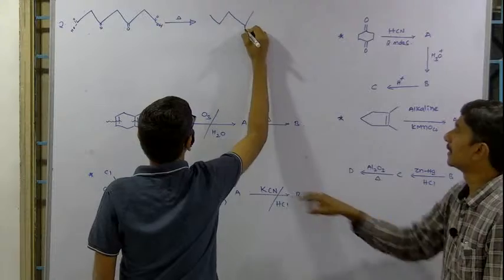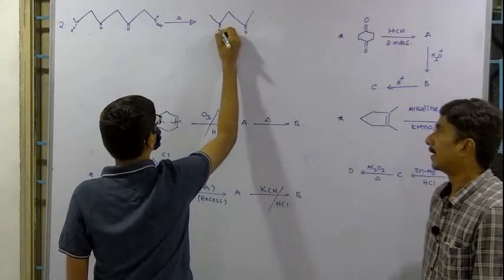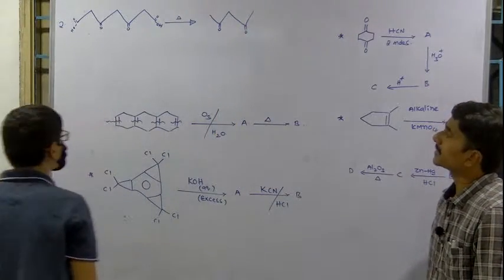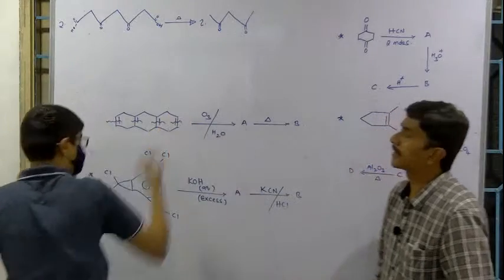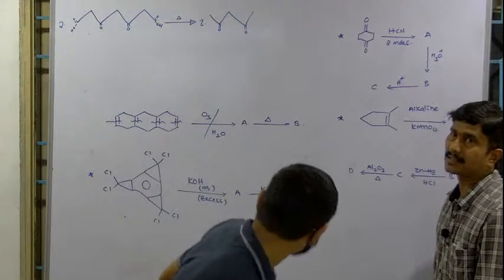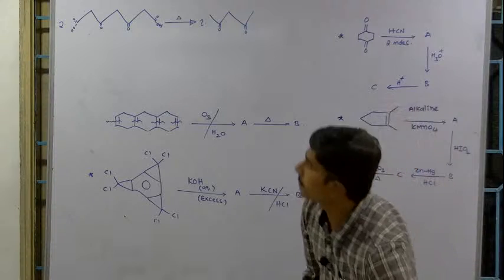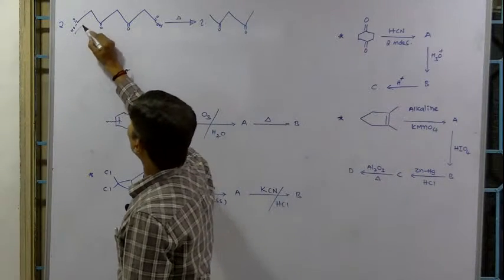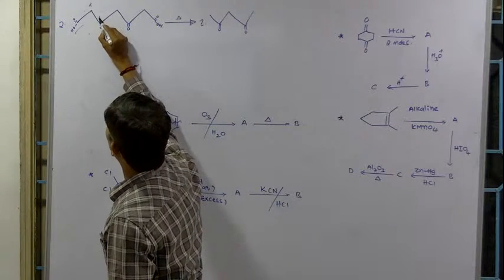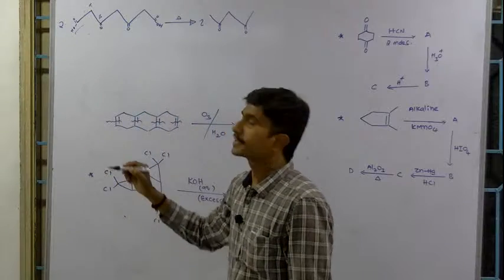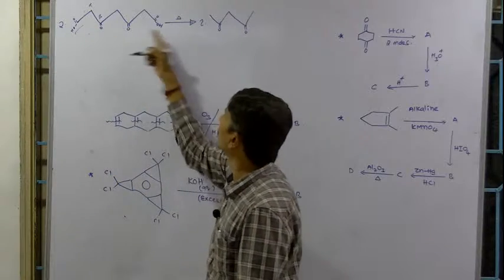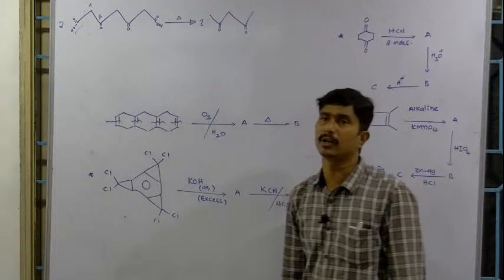So in oxidative ozonolysis, the last carbon is converted into carboxylic acid and the center carbons are converted into ketones. So with respect to this, it is an acid group, it is an alpha carbon, now it is a beta. So the beta keto acid on heating loses carbon dioxide and converts into ketone.